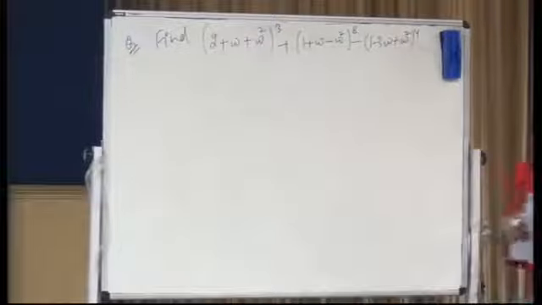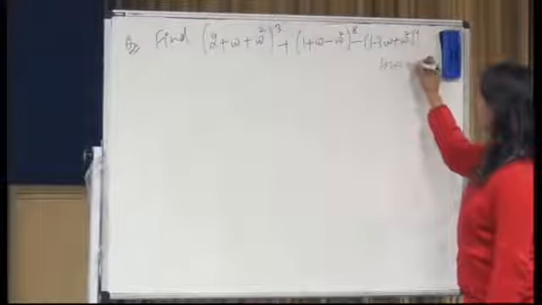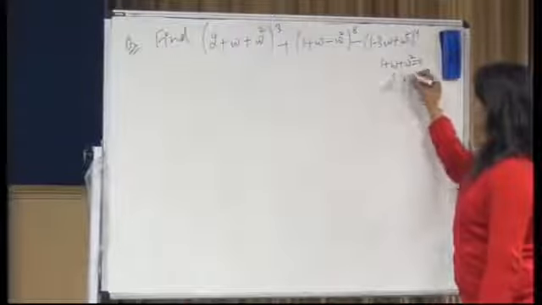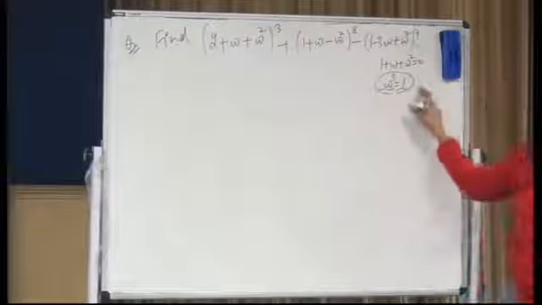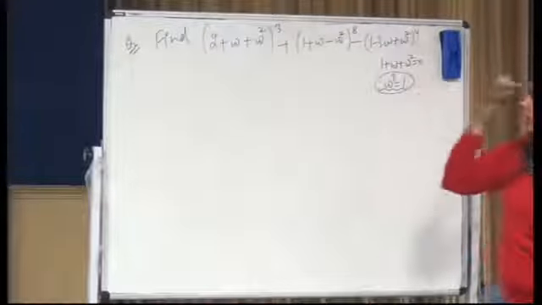We have two properties only: 1 plus omega plus omega square is 0 and omega cube is 1. With the help of these we can handle so many powers, like omega 4 will be omega, omega 5 will be omega square. But how do we start now?